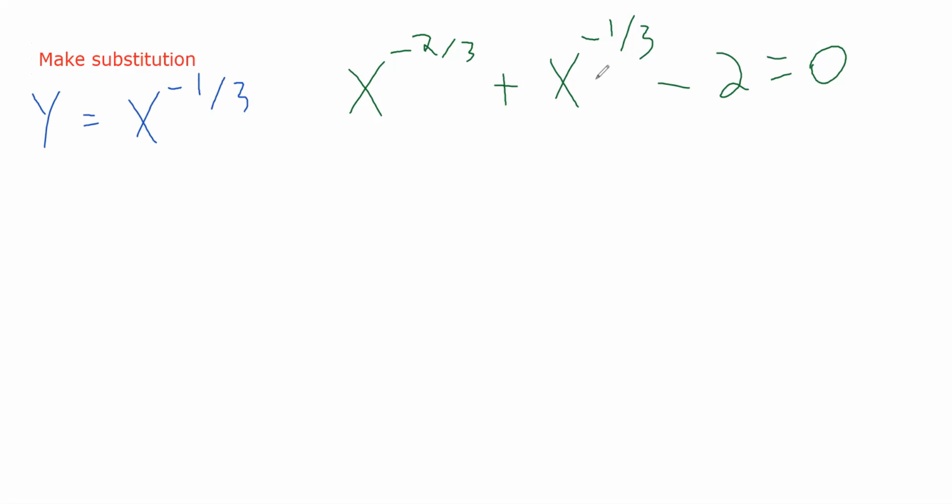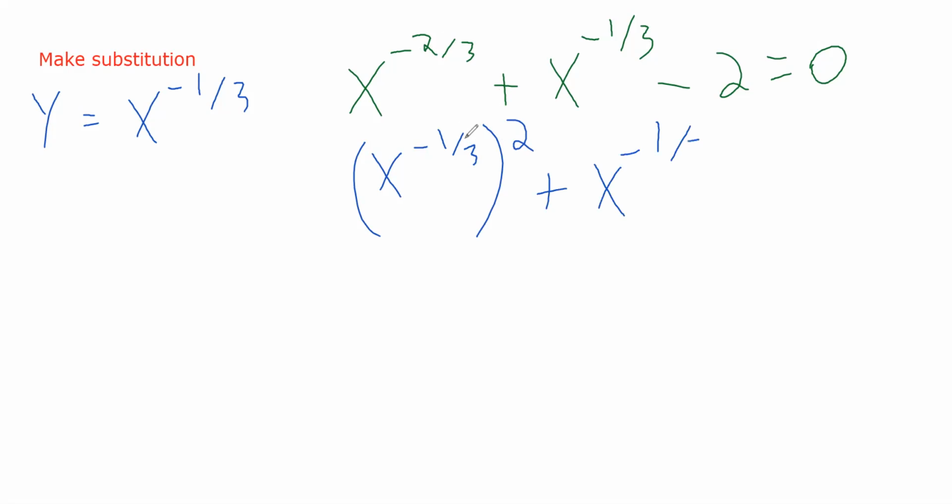Let's rewrite our original equation in a friendly manner. x to the negative 2/3 could, if we wanted to, be rewritten as x to the negative 1/3 squared, because I would just be multiplying these two powers and it would get me back to the negative 2/3 power. So I'm rewriting it like this because it makes making our substitution a lot more straightforward.